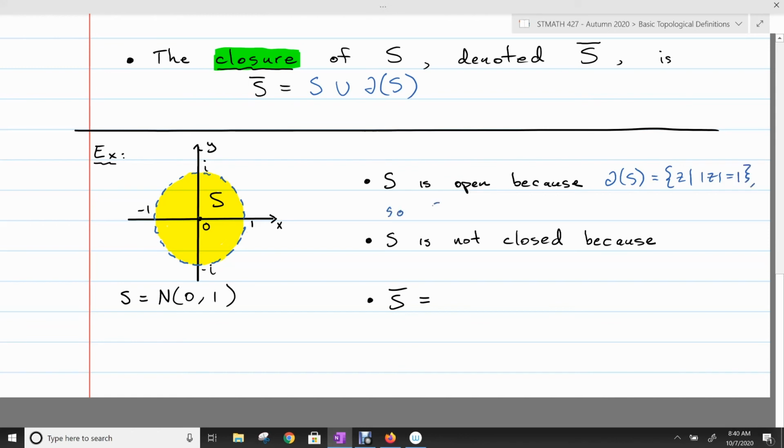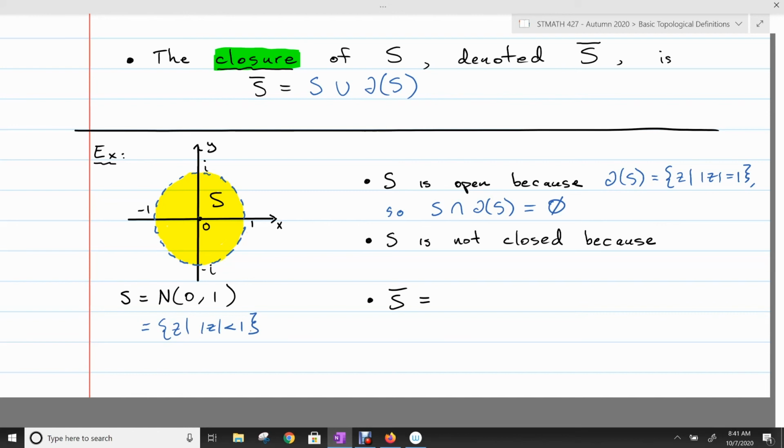So we can see that S intersected with its boundary is empty. S doesn't contain any of those points where the modulus is equal to 1, because N(0, 1) here is the set of z where the modulus of z is strictly less than 1. So it's pretty clear that S intersected with boundary of S is the empty set here.